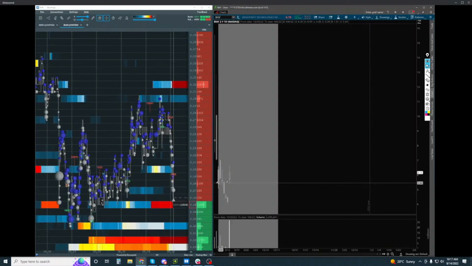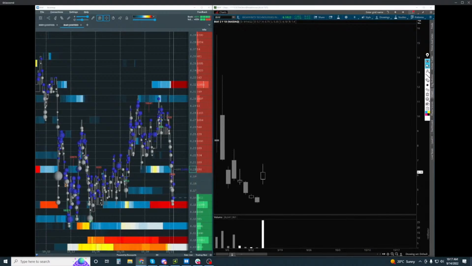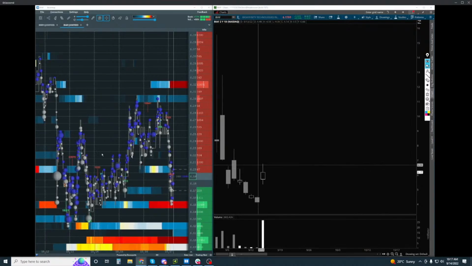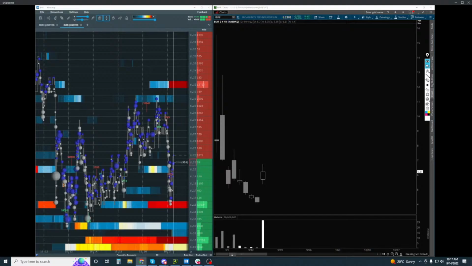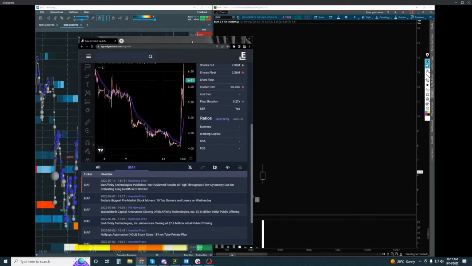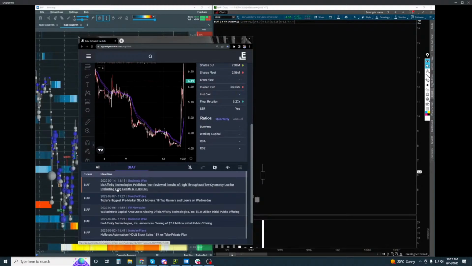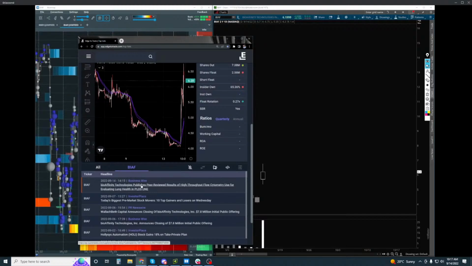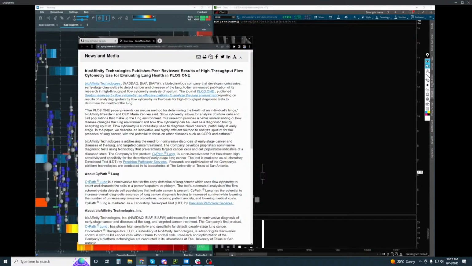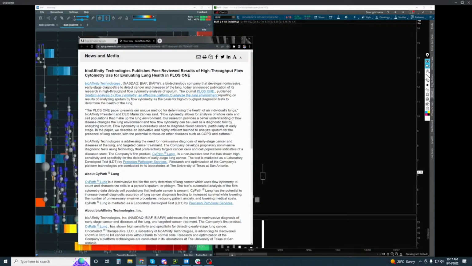So we can look at the stock, and this is BIF, all right? The reason why it's up, we can see over here: the company publishes peer-reviewed results of high throughput flow cytometry used for evaluating lung health. If you go to check this news, which is always part of my pre-market plan, we see that this is totally different from final endpoint met, or phase 3, or FDA approval.